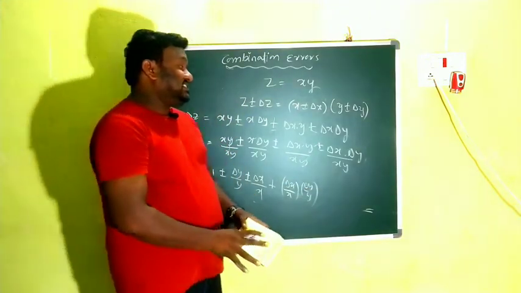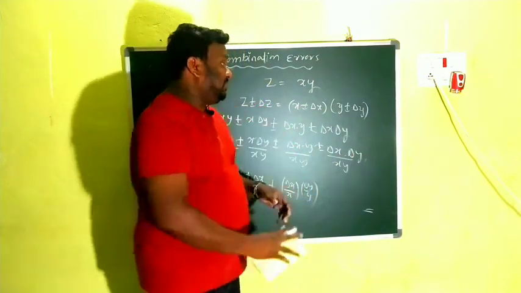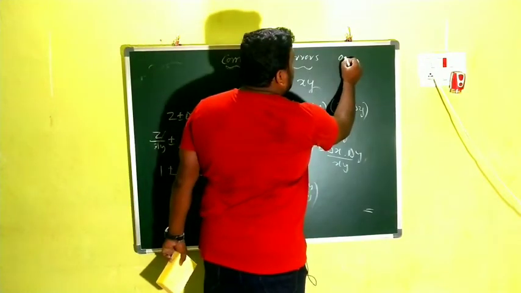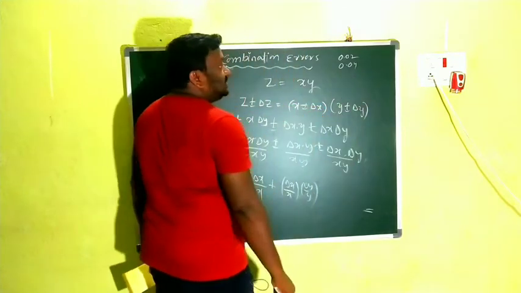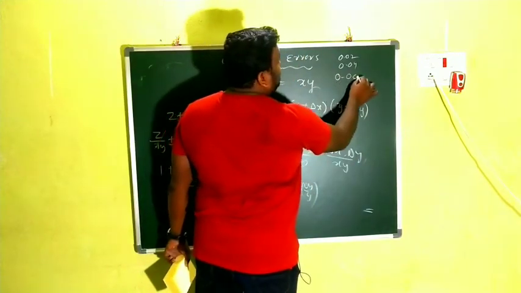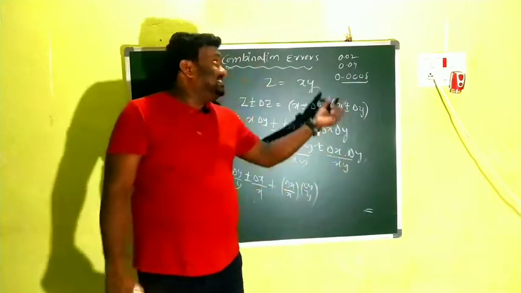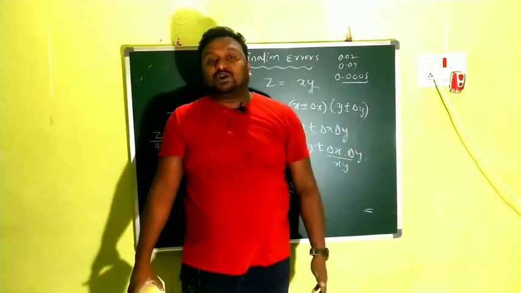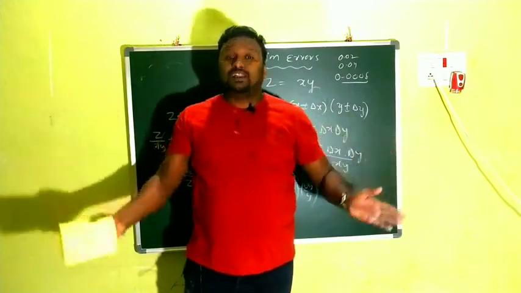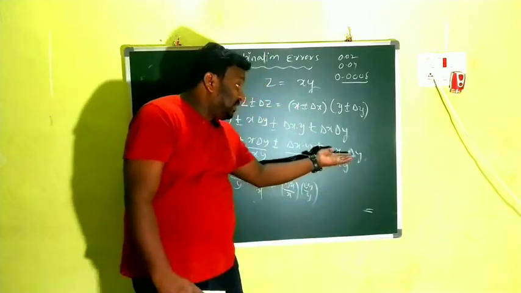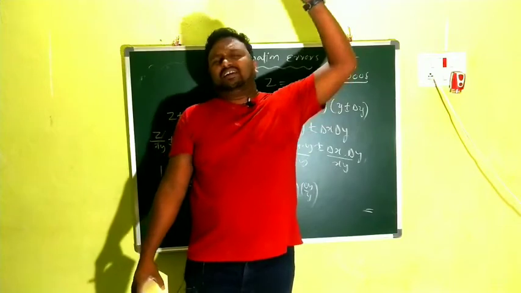In this case, delta X into delta Y: for example, I take delta X as 0.02 and delta Y as 0.04. Then we get 0.0008. Clear? Delta X is a small value, delta Y is a small value. If you multiply both, again it is very small, and divided again by X into Y, we get a very negligible value.